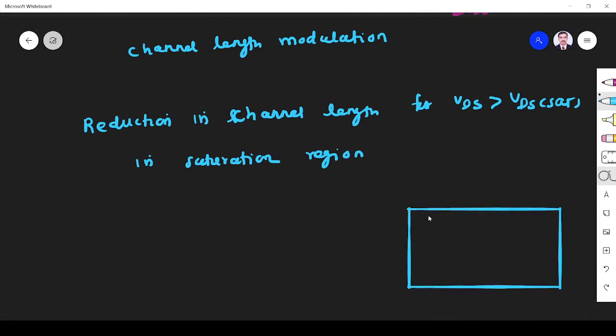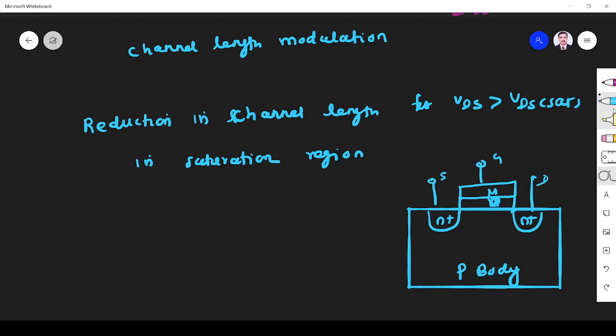Okay, so we know that when you apply some VDS in a MOSFET, this is already explained. Just for recalling purposes, I'm telling that. Let us take the MOS structure: oxide, metal gate, source, drain.